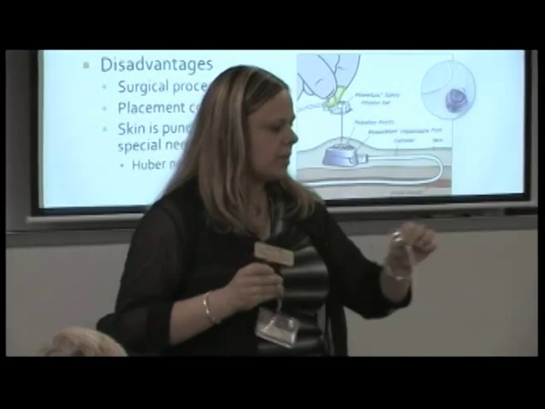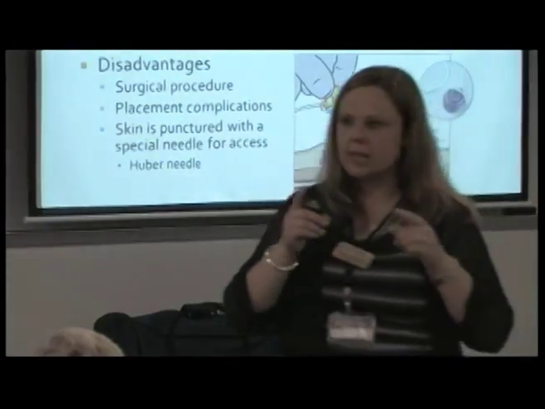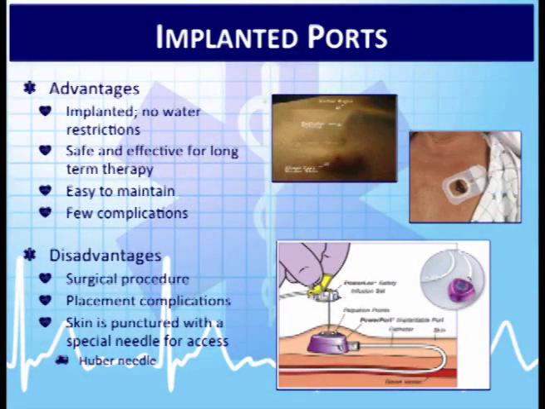These are circular ones. There are the power ports that are more triangular in shape that you can see up here that you'll feel underneath the skin. And when we go through the practical hands-on portion, you'll be able to feel the 3 grooves on the outside, and we're going to be shooting for the middle to puncture through with our Huber needle.